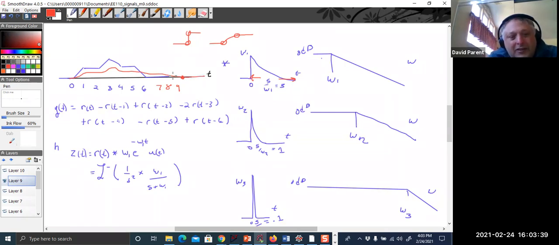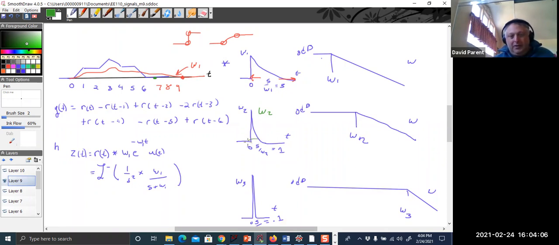Okay, so it just smushes out that shape. All right. And let's call that omega 1. Now, omega 2, it's only 1 second. So I'm going to be here. That's where it's going to end. 5 tau is 1.